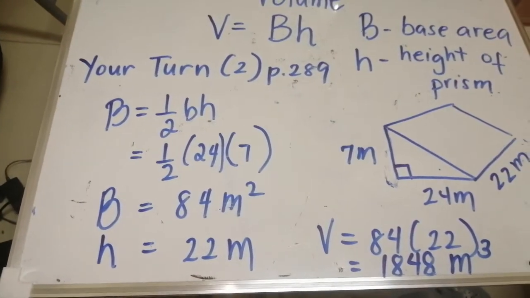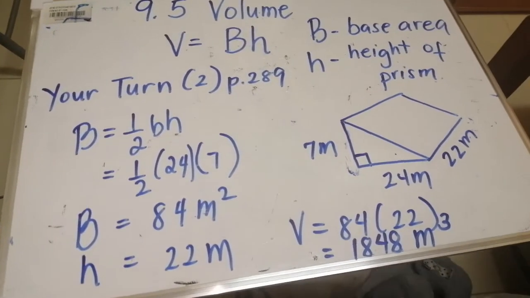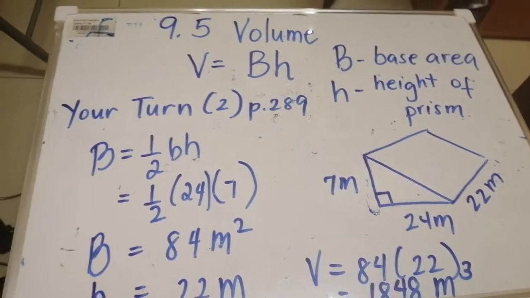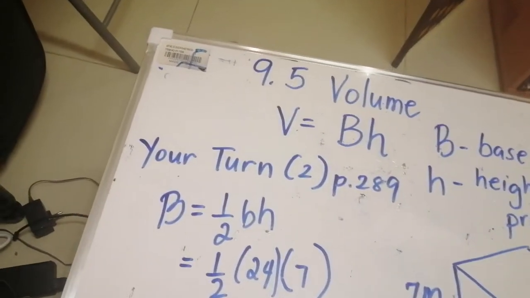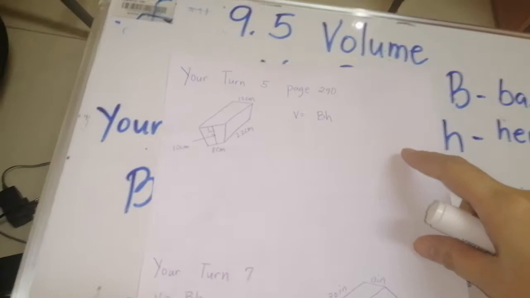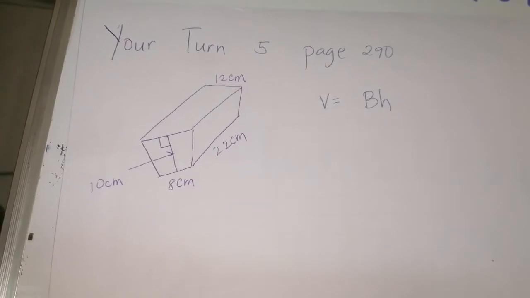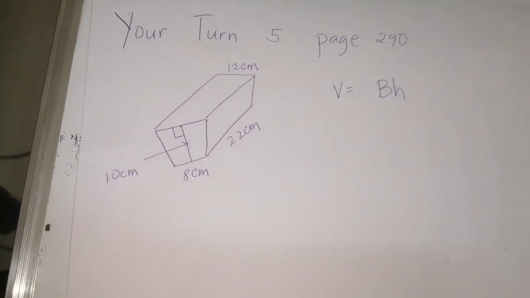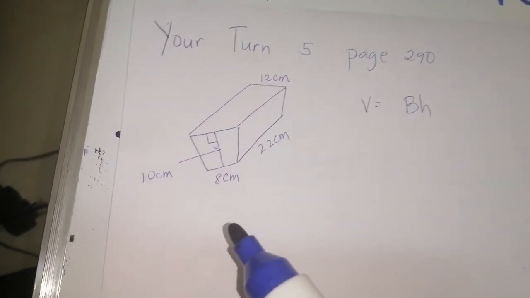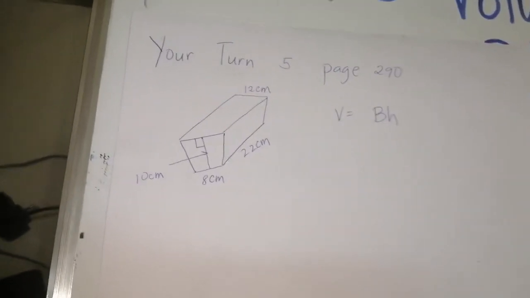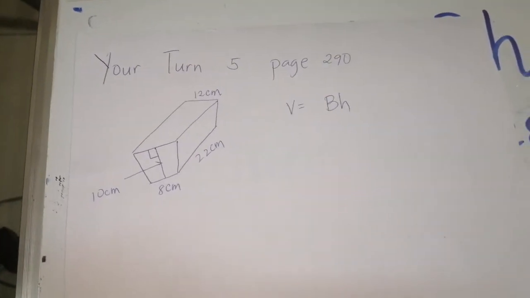Okay, got it? Let's proceed to your turn number 5. Let's have another prism. This time, what kind of prism do I have? This is a trapezoidal prism because the base is a trapezoid. You have the dimensions of the trapezoid.